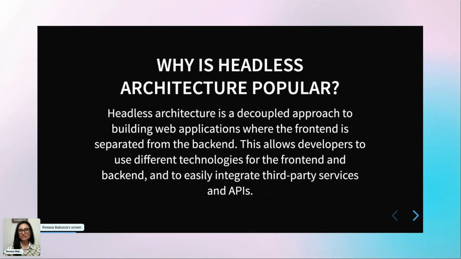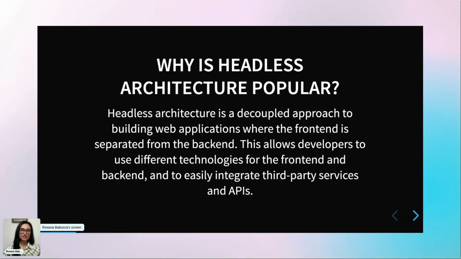Why is headless architecture popular? So in a headless architecture, the front end communicates with the backend through APIs. This allows for greater flexibility and scalability as developers can choose the best tools for each part of the application. Third-party APIs are commonly used in headless architectures to add functionality or data to a web application without having to build it from scratch.